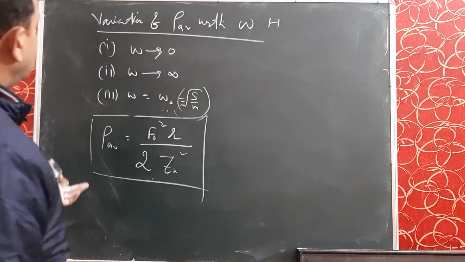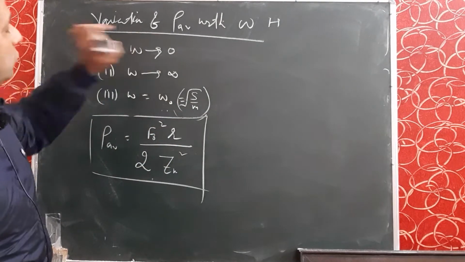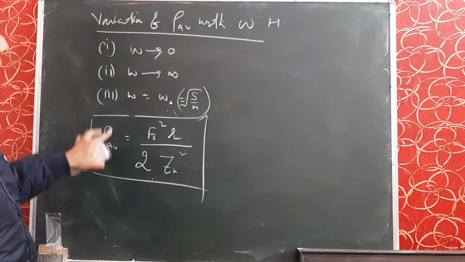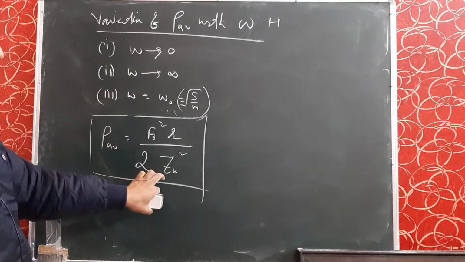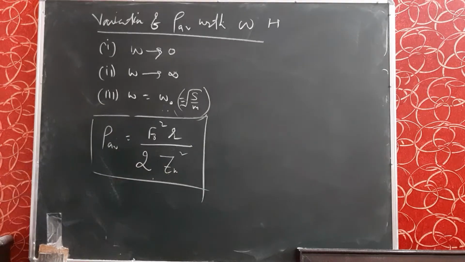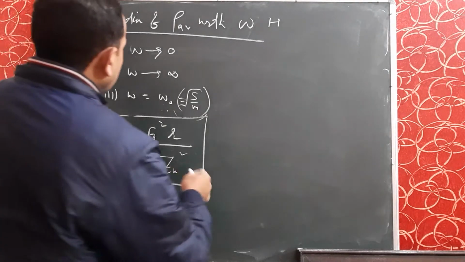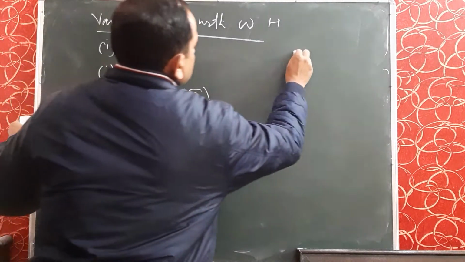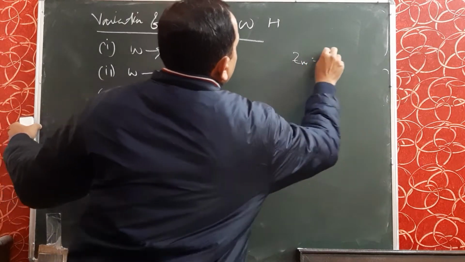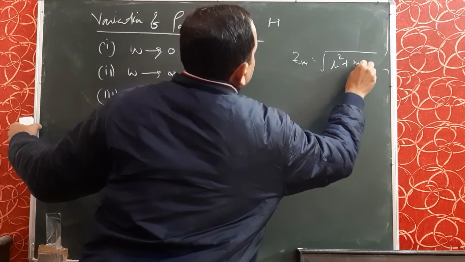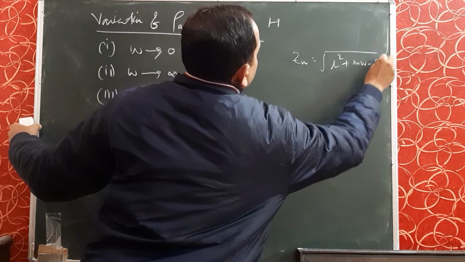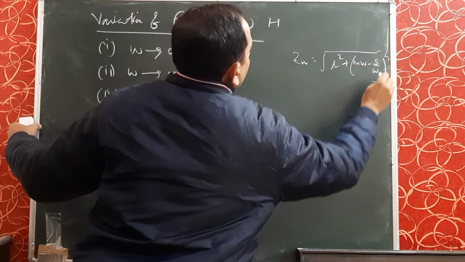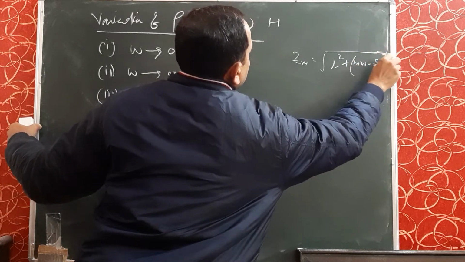So when omega tends to 0, this power becomes 0, because you know that Zm is equal to the square root of r square plus (s by omega minus m omega) whole square.